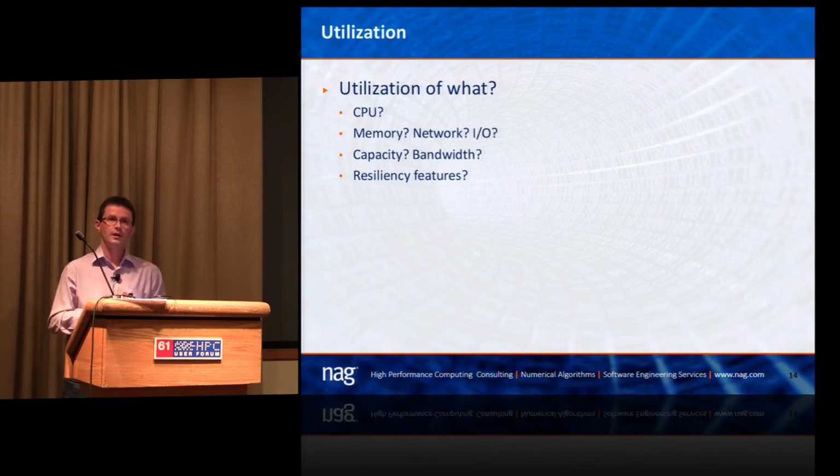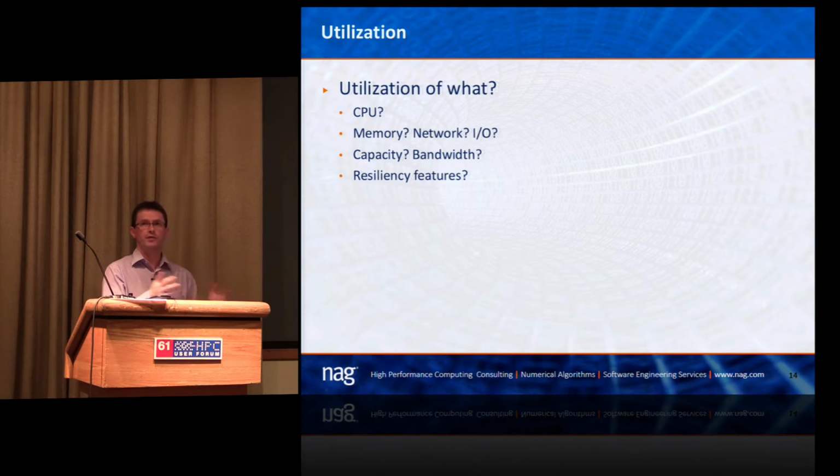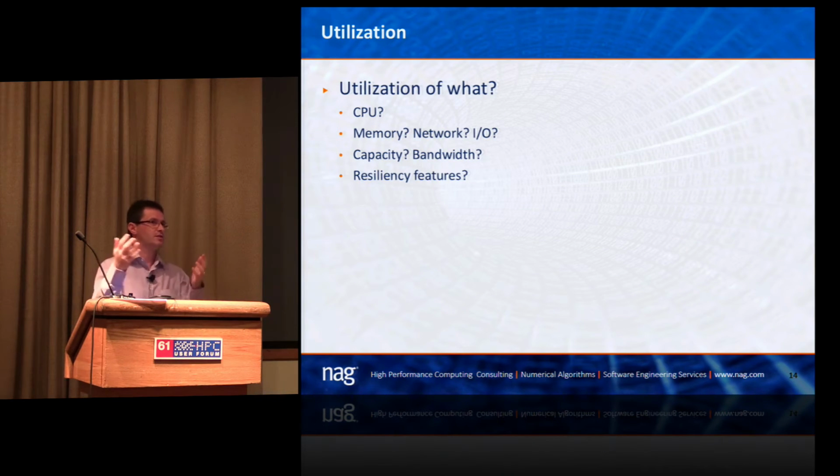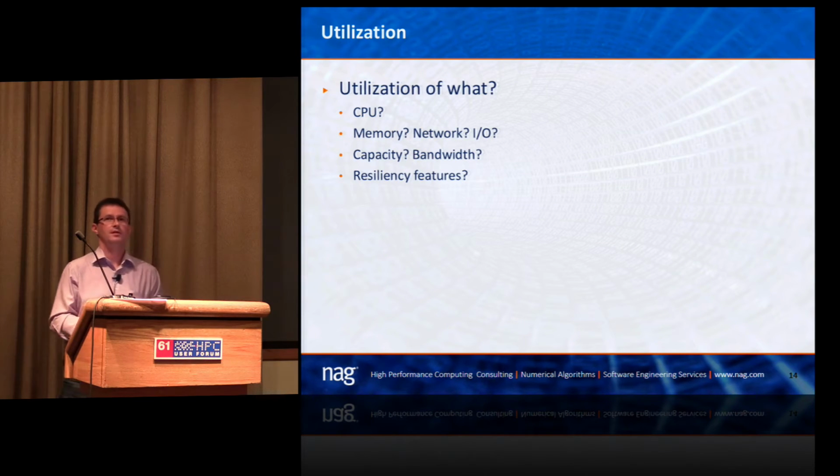And unfortunately, most people will default immediately to measuring the number of CPU cycles, the number of core hours used on the system, and that will become their metric, which may well drive the contract with the vendor, may well drive how they're measured by their funding agency, or the utilization of the system, therefore justifying the investment in the system and all the rest of it. Personally, I'm not a big fan of that, and I'll talk about that in a second. But even if you're going to stick to utilization as a metric, you've got other things in that system that probably cost more money than the CPUs and certainly get less attention on how well you're actually using them.